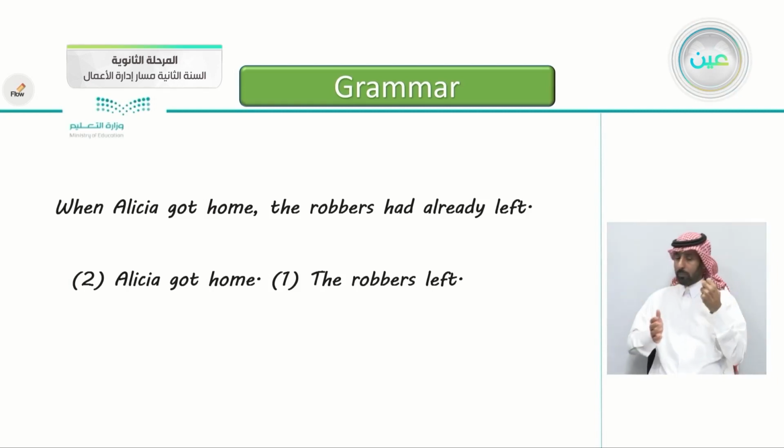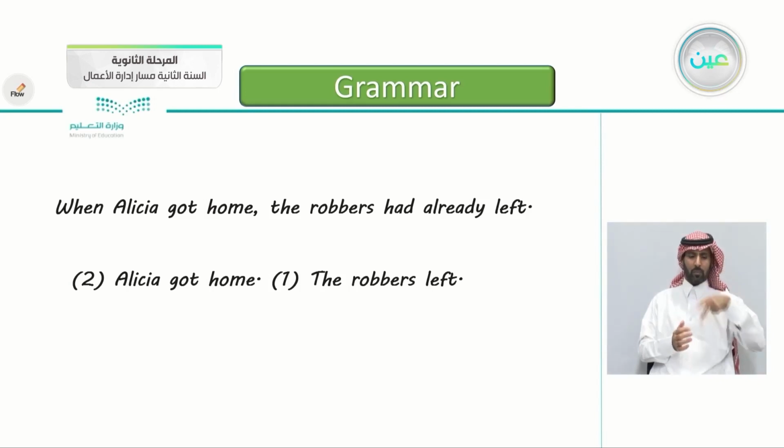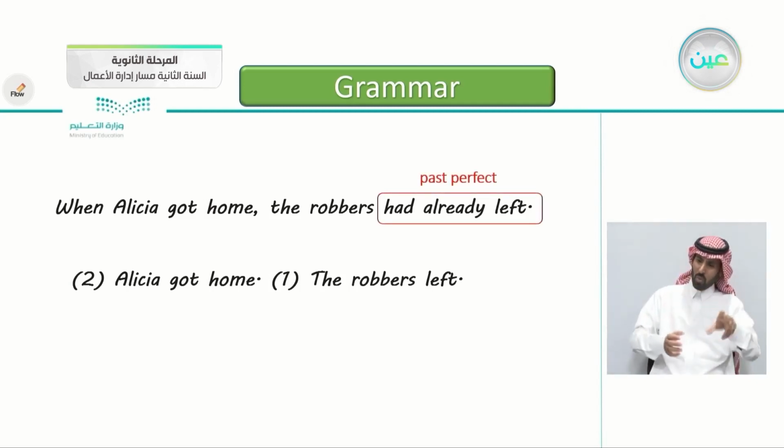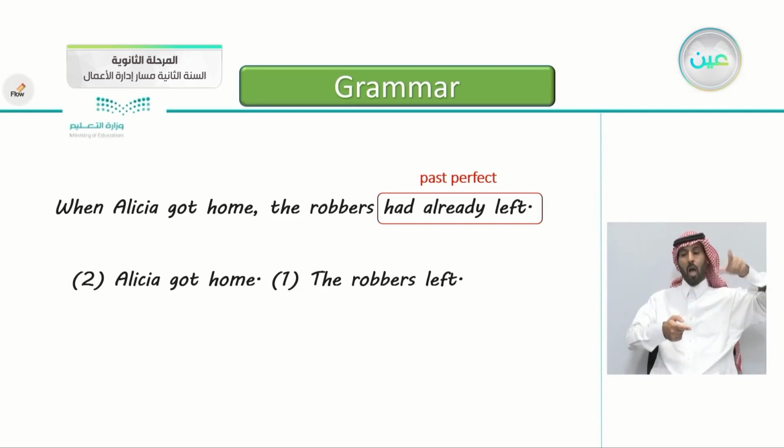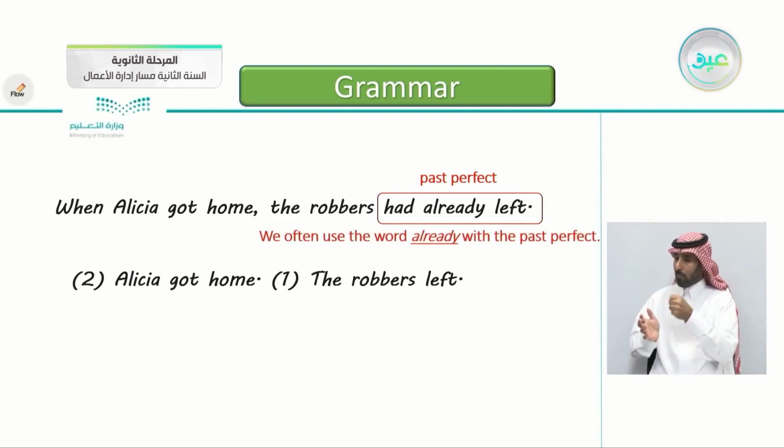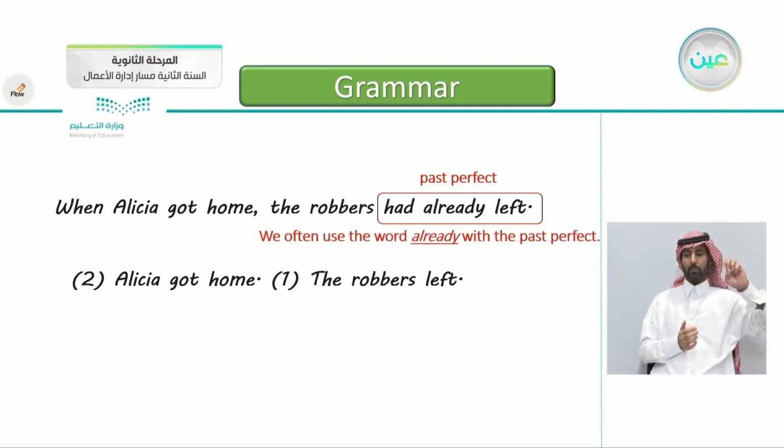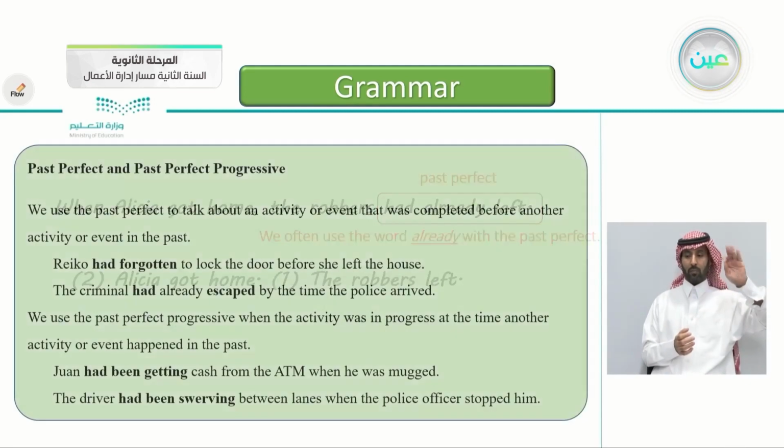If you want to put it in a timeline, number one is the robbers left, number two, Alicia got home. And you see here, had already left. This is past perfect. We often use the word already with the past perfect.